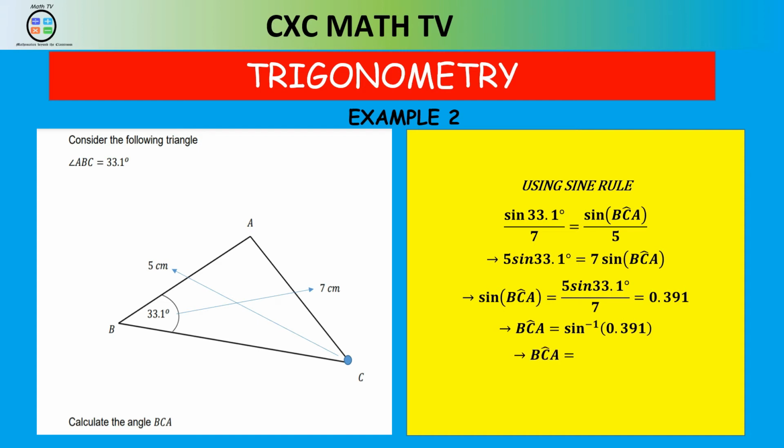So angle BCA is sine inverse of 0.391. And so angle BCA is 22.96 degrees. Beautiful. That's angle BCA. So in this question, we saw that we had been given two sides and an angle to find another angle. All right, lovely.